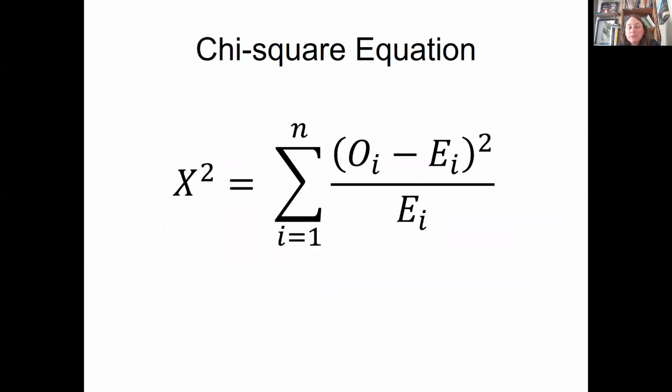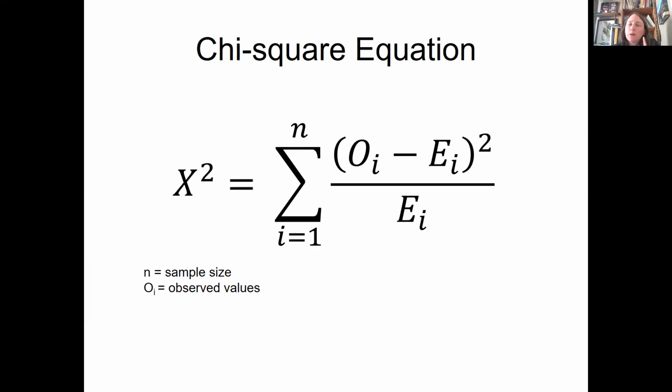Here it is. It looks a little scary, but let's break it down. First of all, you see the big summation. What it's telling you is we're going to sum from I equals 1 to n, where n is our sample size, and in this case n is 5. We have 5 samples, so all this is saying is add things up from 1 to 5 through your data set. O sub I is equal to the observed values of milk fat in the table.